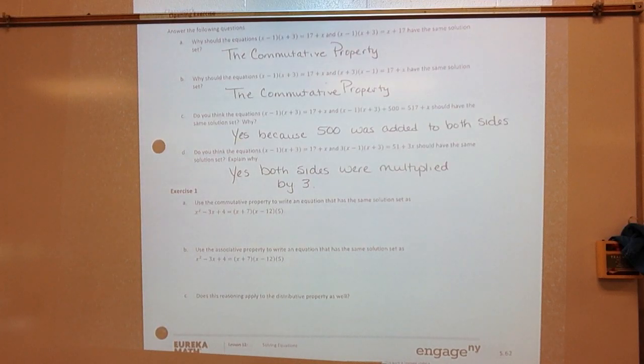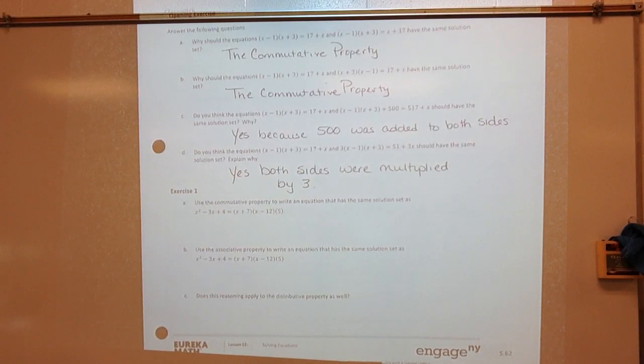Alright, so we know that the commutative and associative properties hold for all real numbers. We also know that variables are placeholders for real numbers. And the values assigned to a variable that make an equation true is the solution. If we apply the commutative and associative properties of real numbers to an expression, we obtain an equivalent expression.